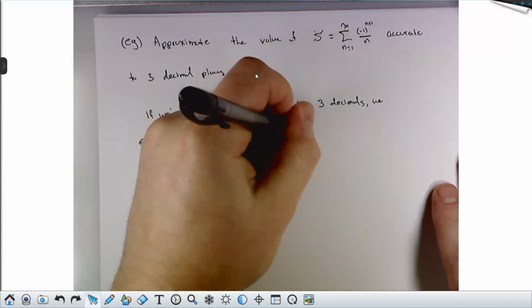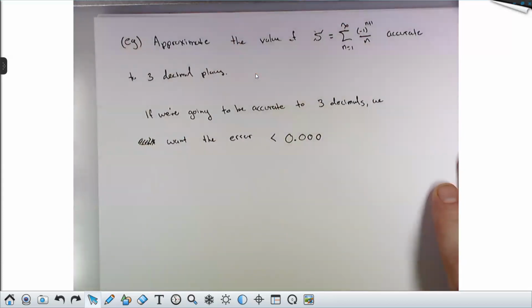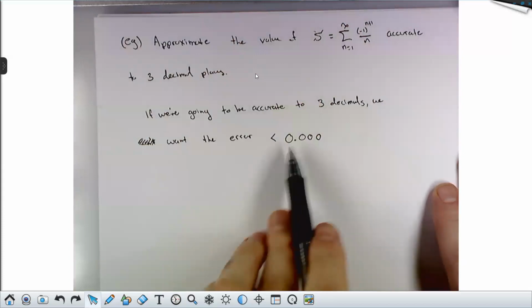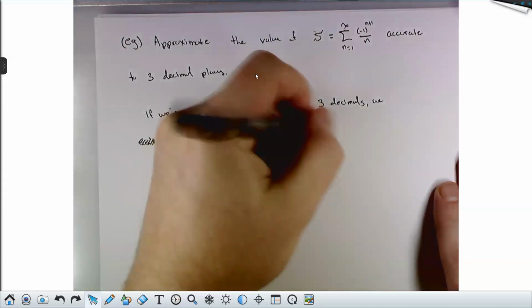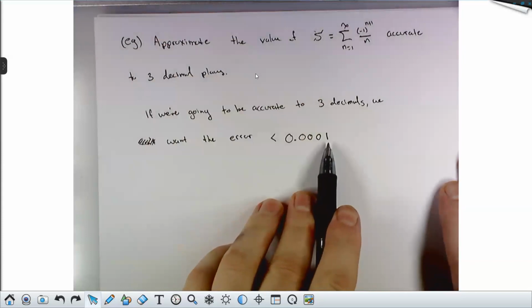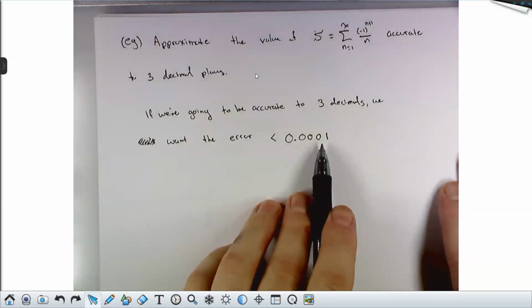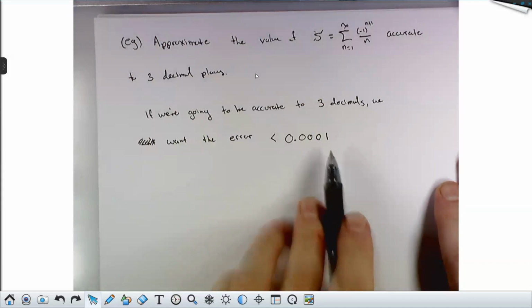Well, I need zeros in the first 3, right? Because I want the error in the first 3 decimal places to be 0. I want to be accurate to 3 decimal places. And then I'll put a 1 over here. So we can be off by 1 in the 4th decimal place. This could actually give trouble depending on how you're rounding. But this is a safe move here.